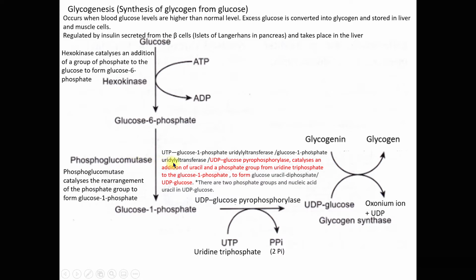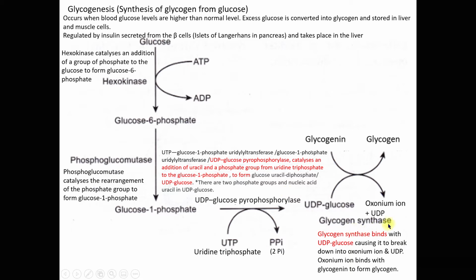How do you pronounce this, uridylyl transferase? I think UDP glucose phosphorylase is easier to remember. So now we have the UDP glucose. What happens to this UDP glucose?